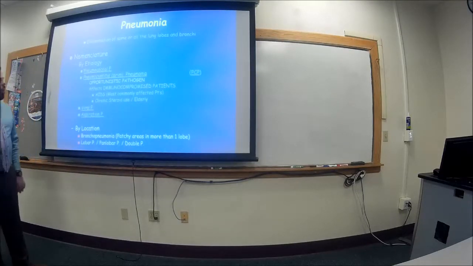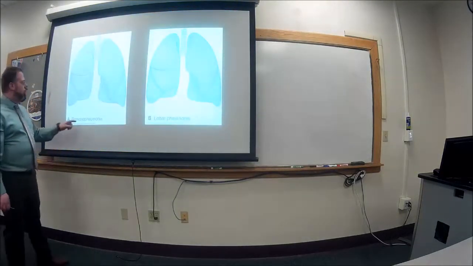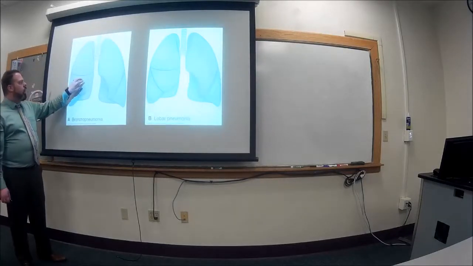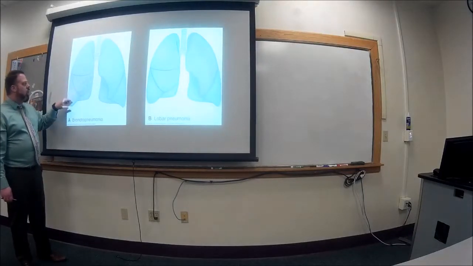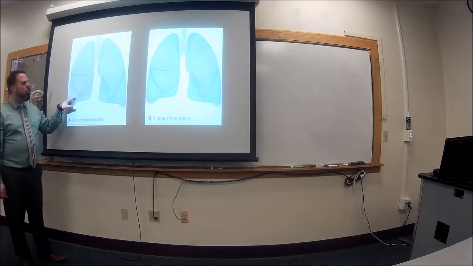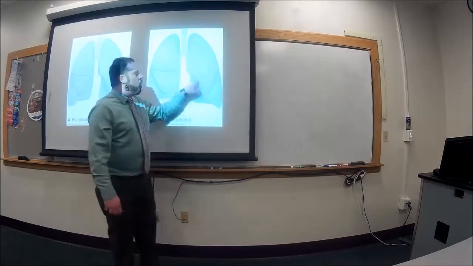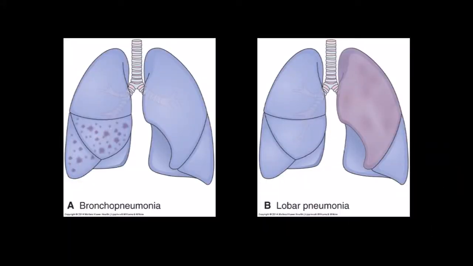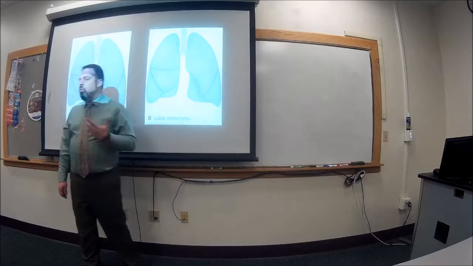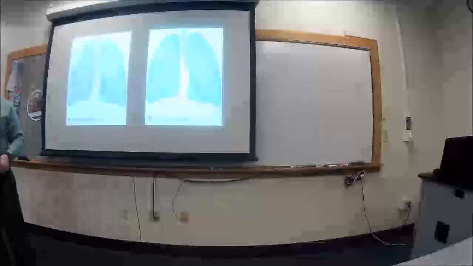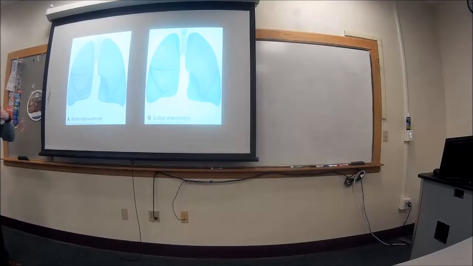So this is a picture here showing you bronchopneumonia, where you're going to have patchy areas occurring in more than one lobe, or lobar pneumonia, which is going to affect one whole lobe, or one lung. So we call the pneumonia by the etiology, or we call it by where it's located in the lung.